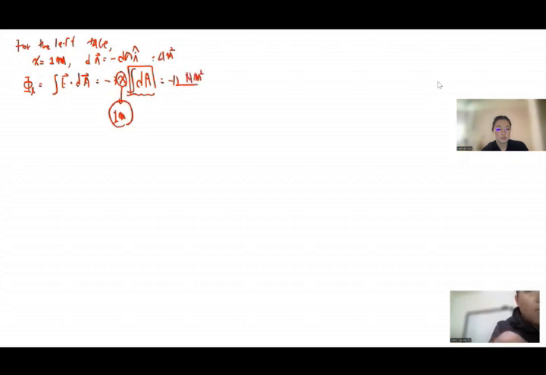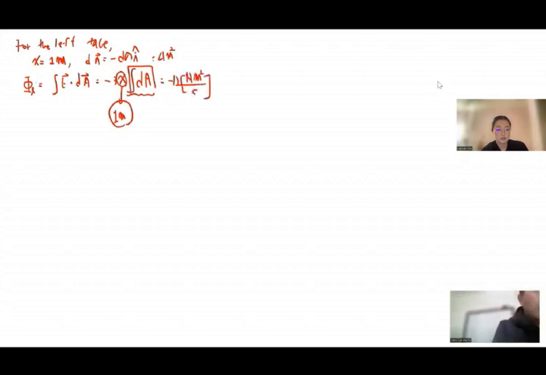If you plug in the expressions of electric field and area vector, that should be minus 3x integral dA. Here this is again 4 meter squared, and x is 1 meter this time. So that is minus 12 Newton meter squared per coulomb.